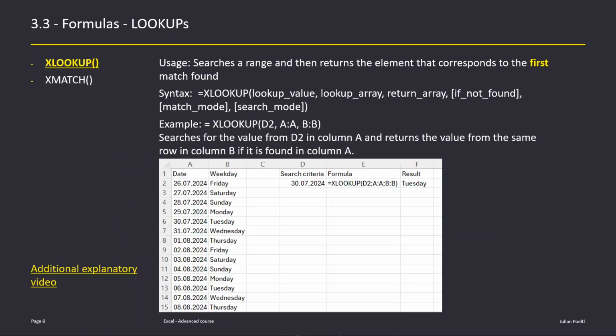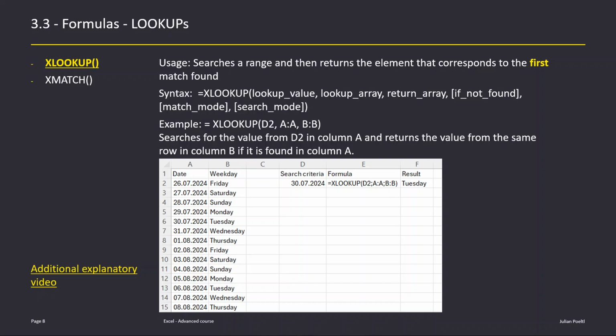So, what does XLOOKUP do? XLOOKUP searches in a range and then returns the element that corresponds to the first match found. Sounds useless, but the lookup functions in general are one of the most used functions in Excel at all.